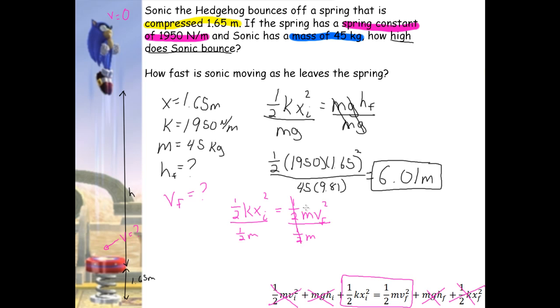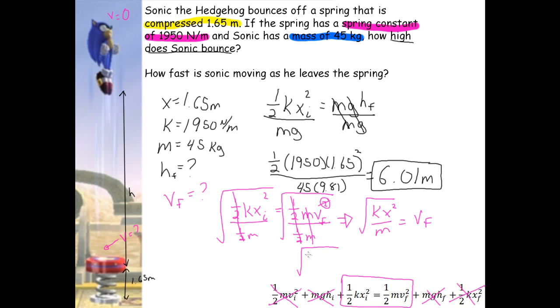The halves will cancel, and my m's will cancel. Now I'm still left with this squared, and the only way I can get rid of the square is if I square root both sides, and that will cancel that square. So my resulting equation is going to be the square root of k x squared divided by m equals v final.